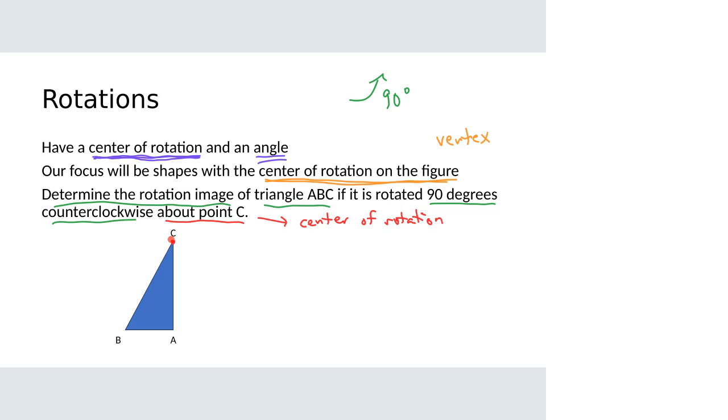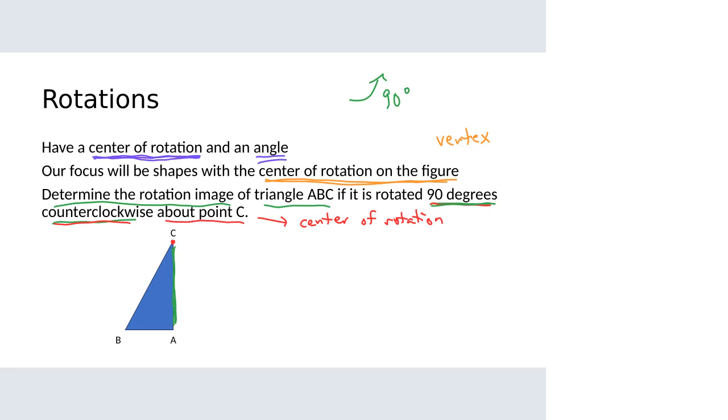And how it's going to move is 90 degrees counterclockwise. You're thinking, do I need to get a protractor? You don't. And the reason you don't is because 90 degrees is a really nice, convenient measurement. What that means is a vertical line, like line segment CA here, is going to become horizontal.